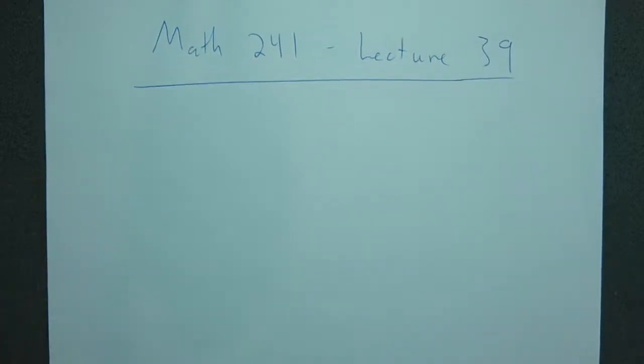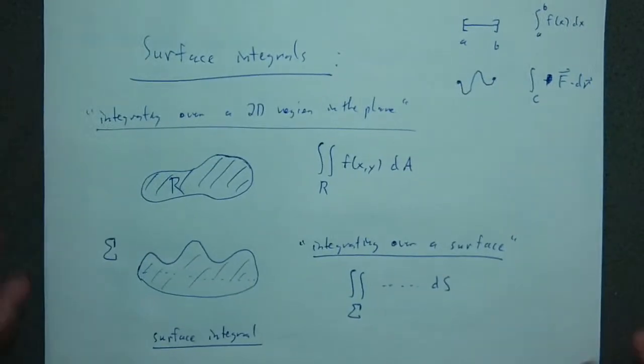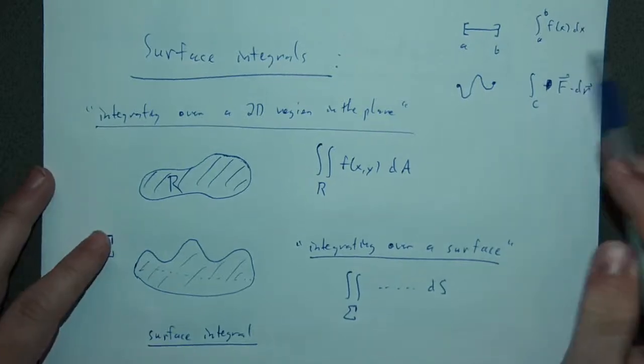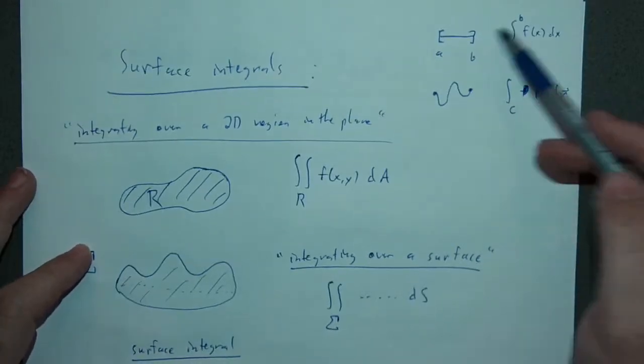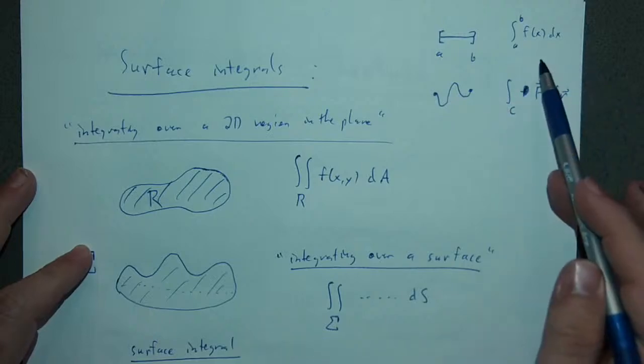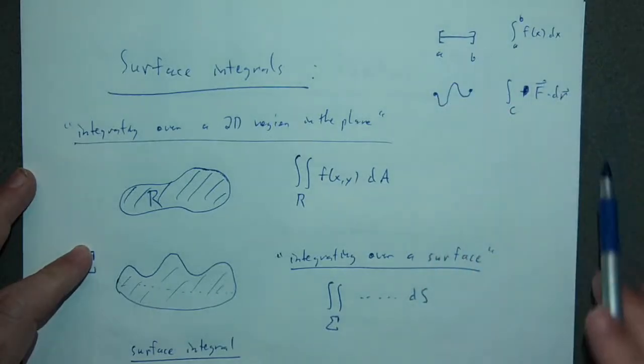And the beginning, at least, is going to be very similar to how we dealt with line integrals when they were first introduced. So here was the thing I wrote last time. The idea was, a usual Calc 1 integral is an integral along an interval.